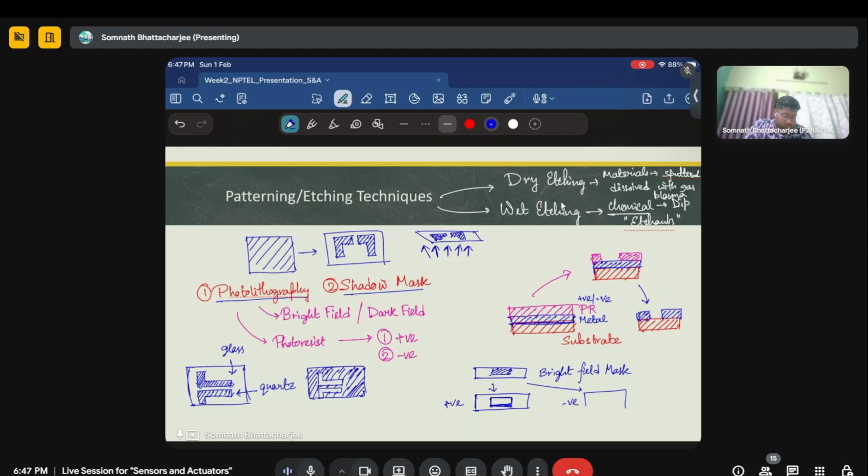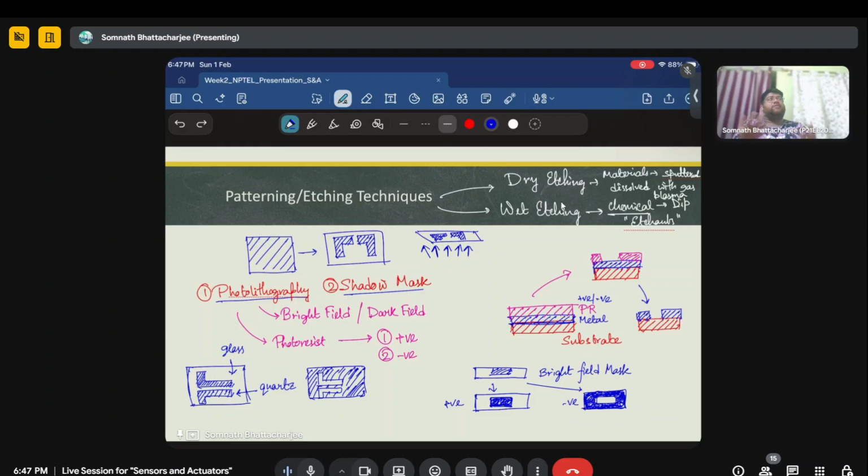Now, if we are using a negative photoresist, the pattern will look something like this.